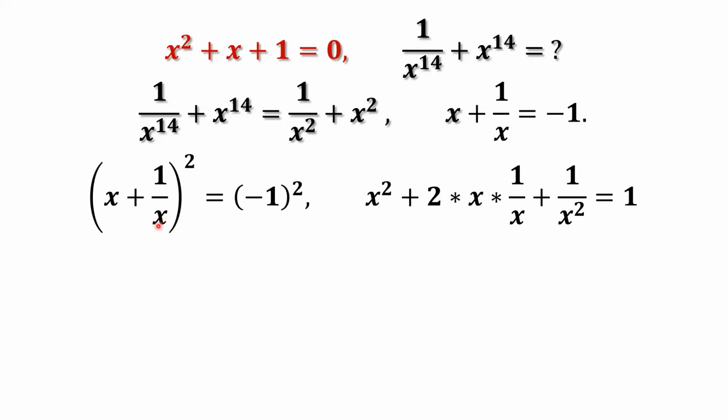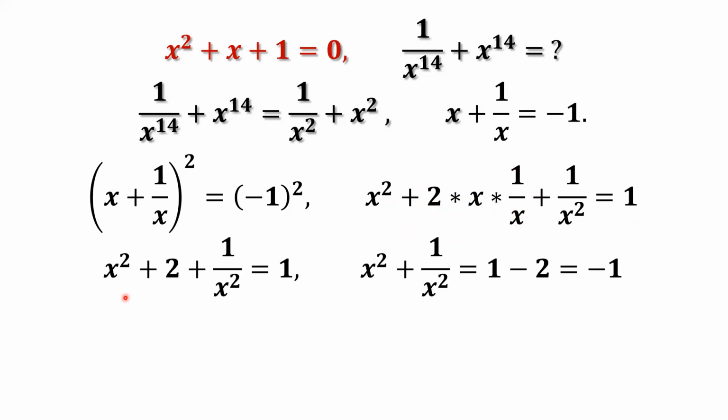Both sides: first term squared plus 2 times first term times second term plus the last term squared, which is negative 1 squared. It's positive 1. So here this x cancels. The second term is 2. Move 2 to the right-hand side. That's 1 minus 2. So we have x squared plus 1 over x squared equals negative 1.